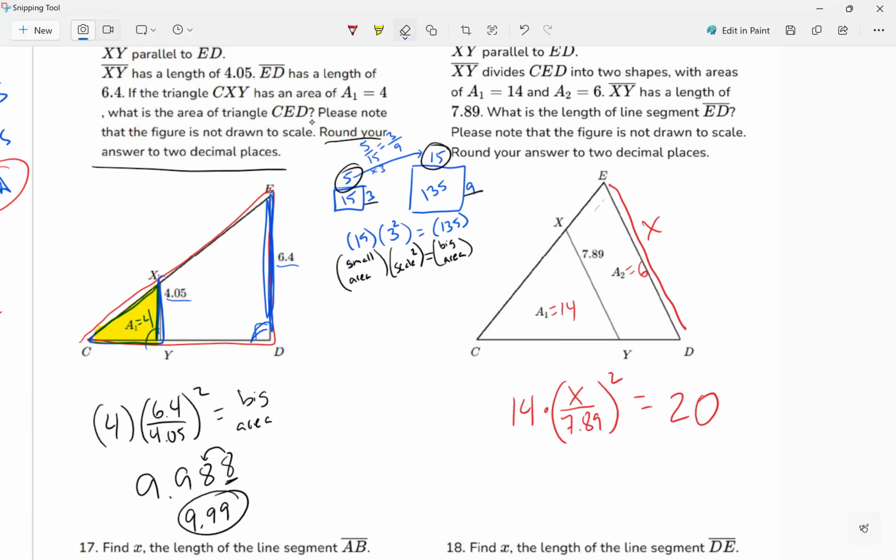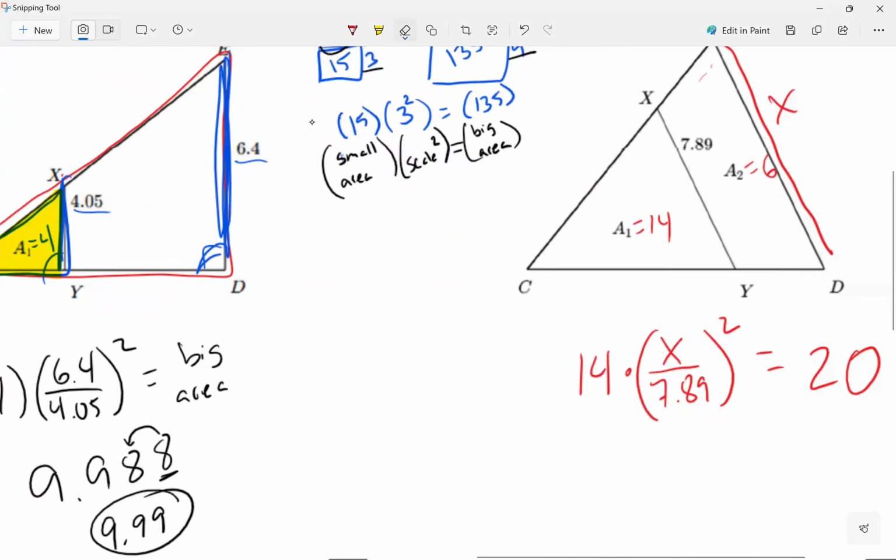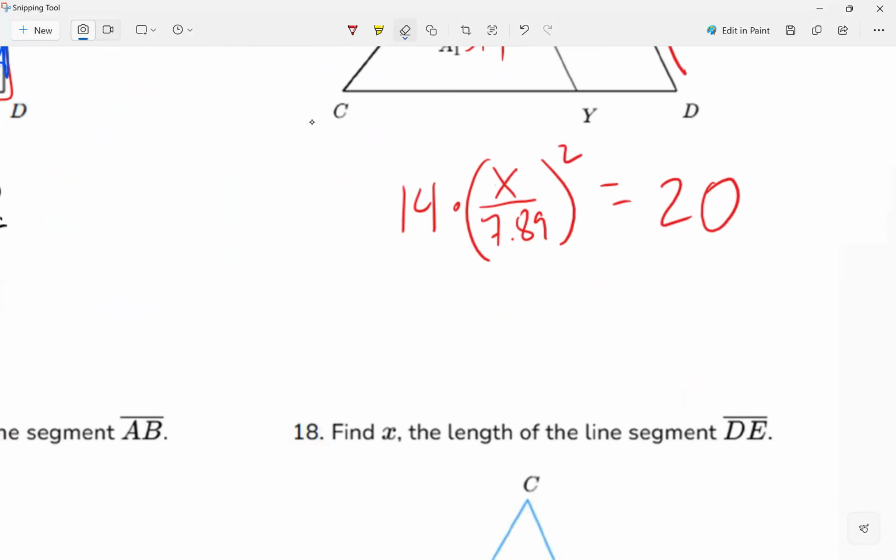What am I going to do here? Because I have the X there, I want to leave the X by itself. So let me divide both sides by 14.